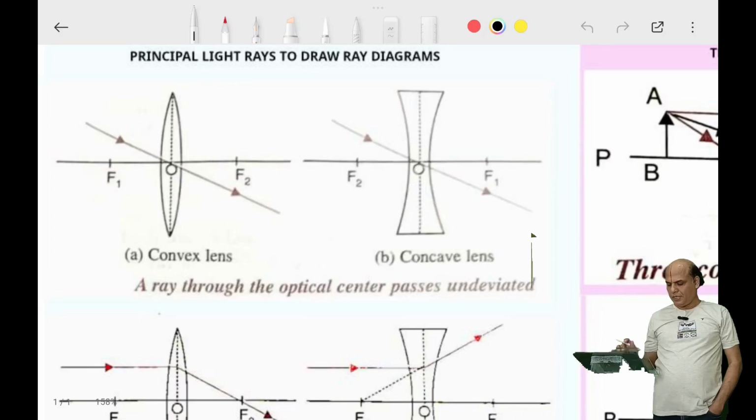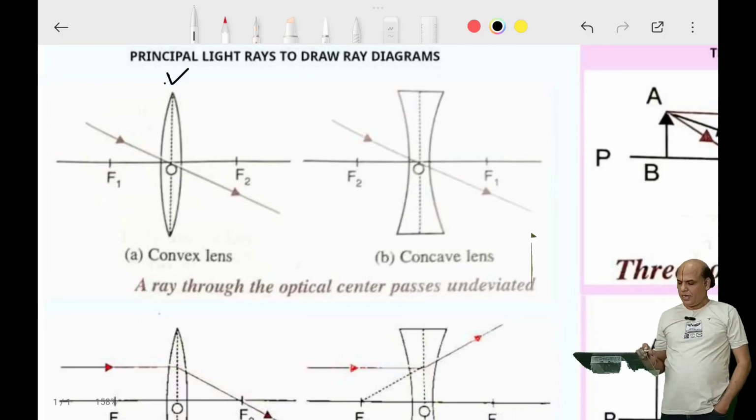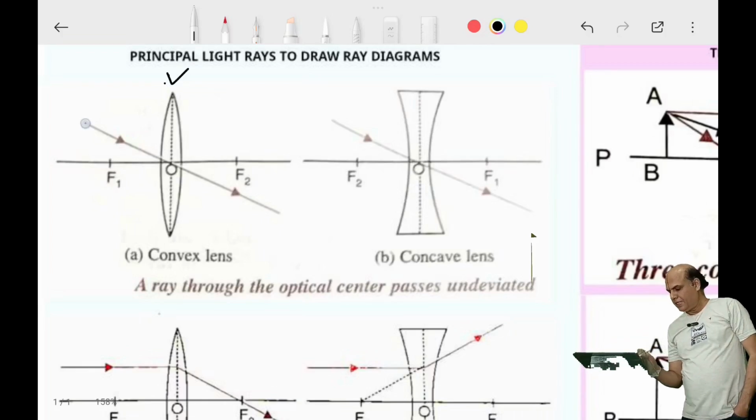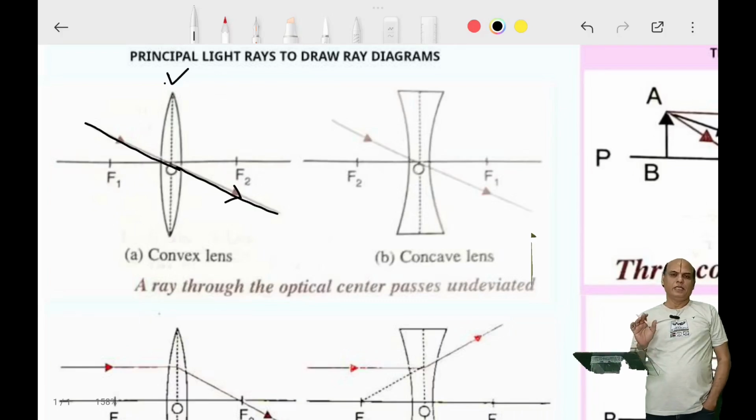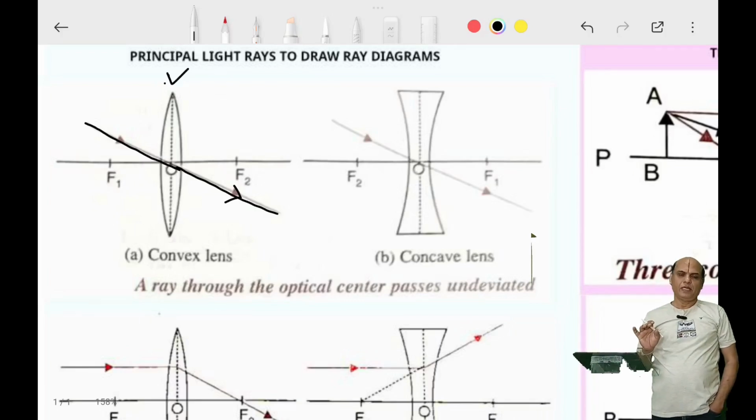In the figure, the first lens is a convex lens and the incident light beam is passing through the optical center, and it is refracted without any deviation. The incident ray travels after refraction in the same direction and path.